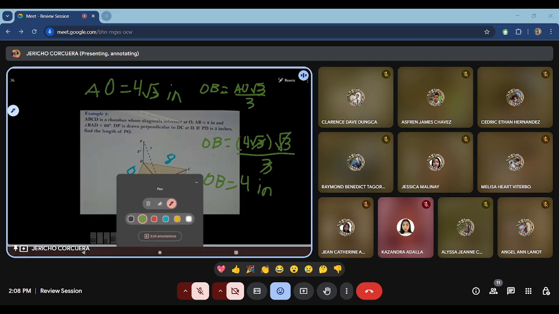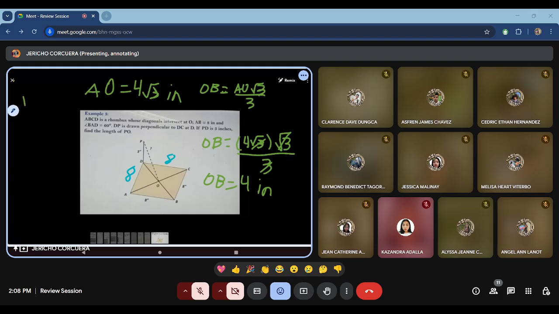Our formula for this is DO is AD over 2. So we can have DO is equal to 8 over 2, and DO is equal to 4 inches. Okay.